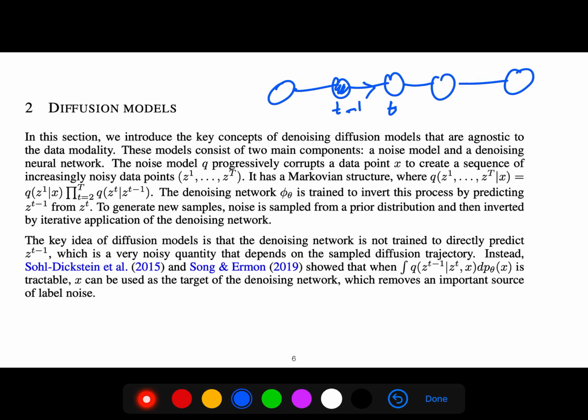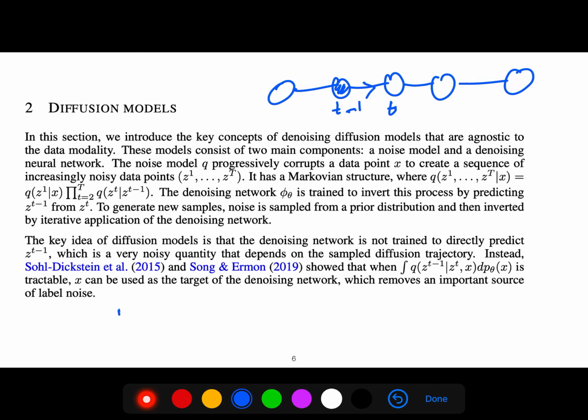It only depends on this. Most of the methods, 98% of the methods, papers, use Markovian approach. 2% use non-Markovian. Of course, their ELBO is again the same thing, but their sampling is different from their training.